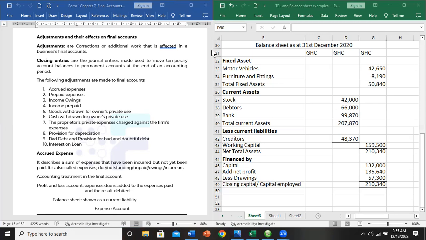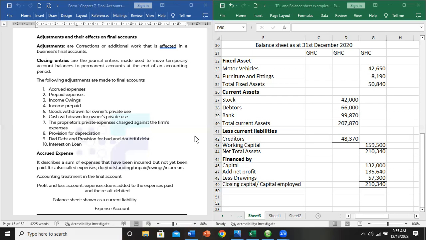Okay, so let's go to the adjustment. Now, my dear student, you see what we have done? We have been able to prepare trading account, profit and loss, and balance sheet. But the point is that sometimes there are some mistakes that you need to correct. There are some things you left out that you need to bring in.